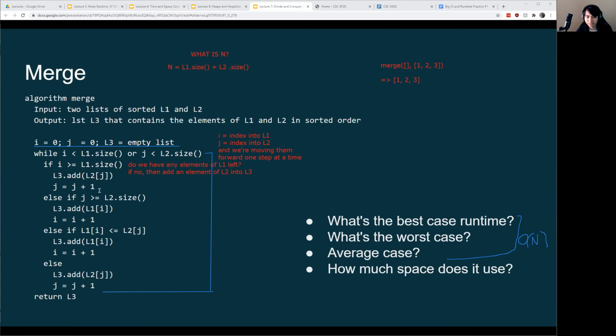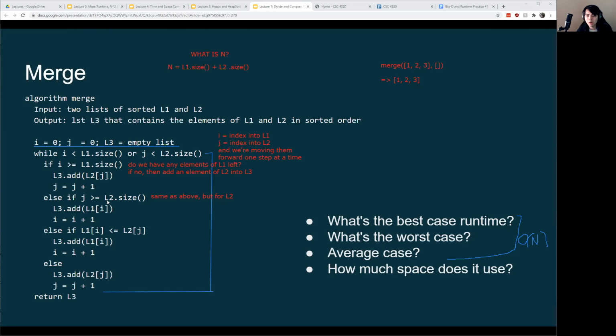That's the first if statement. The second if statement, this else if here, does the same thing, except it does it for L2. Same as above, but for L2. If we were to have a merge that ran out of elements in L2, there's nothing in L2, but there is stuff in L1, we still want the answer to be 1, 2, and 3.